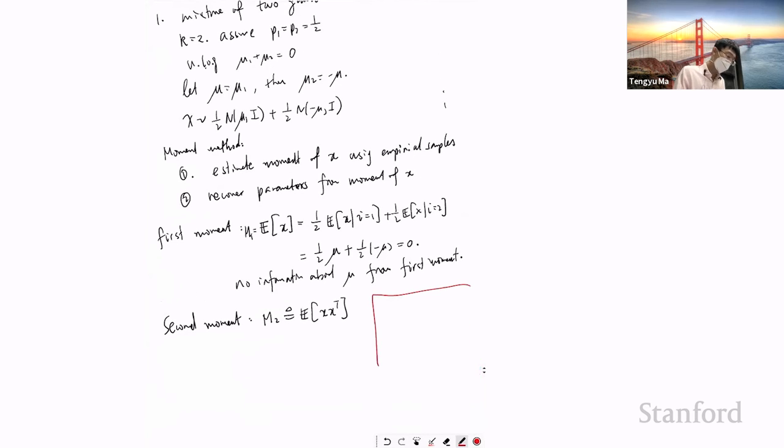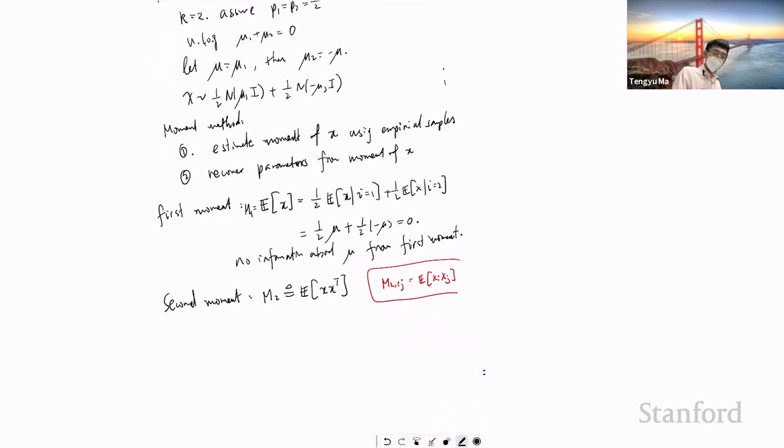This is a matrix. Basically, M2 ij is the expectation of xi xj. So this is the expectation of the product of two coordinates of the data, and you organize all of this into a matrix and call it M2.